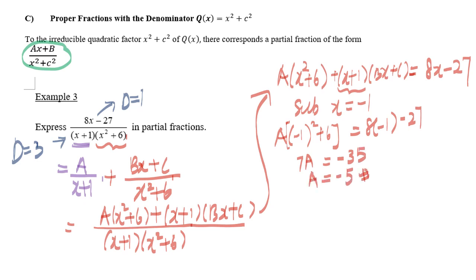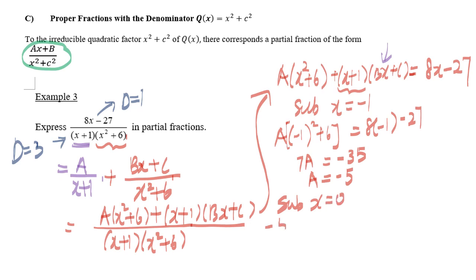Alright, so after finding a equals to -5, let's see which constant we can eliminate. We can let x equal to 0. If you let x equal to 0, you can eliminate your b, and then you can find your constant c. So after finding the value of a, just substitute into your identity. Let x equal to 0.